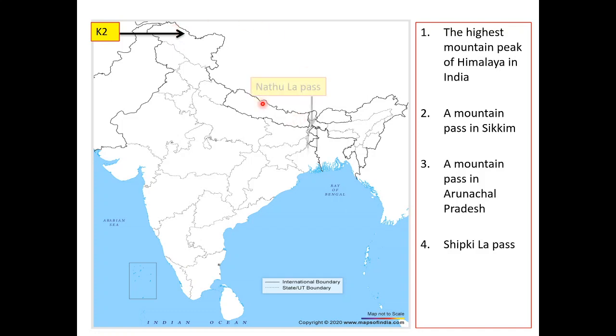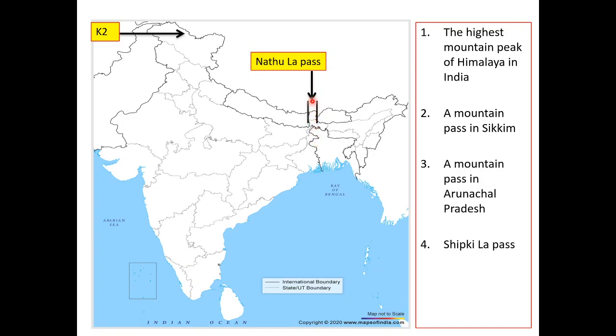Second, a mountain pass in Sikkim. This is called Nathula Pass. These passes are used by travelers along the Himalaya to cross the international boundary. In ancient times, travelers used these passes to travel.